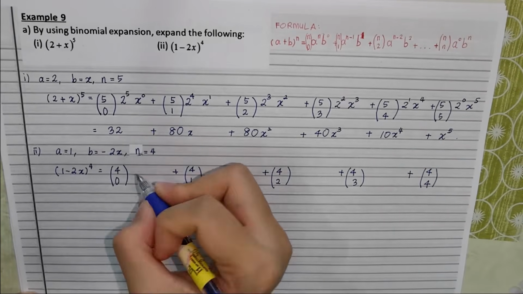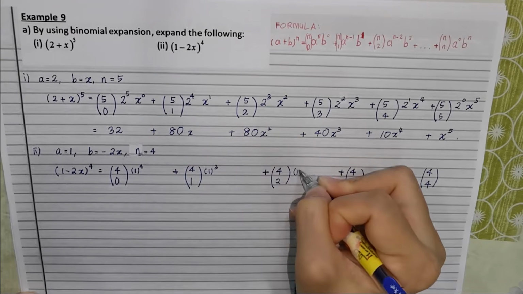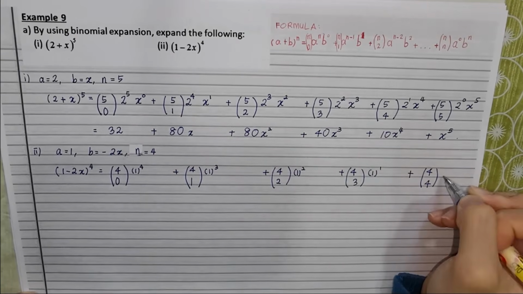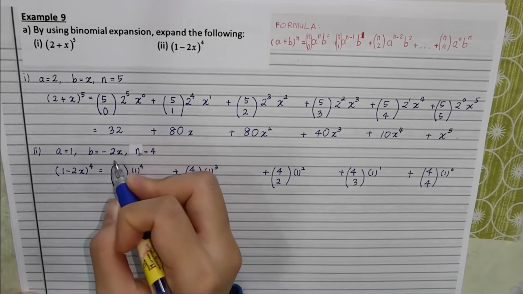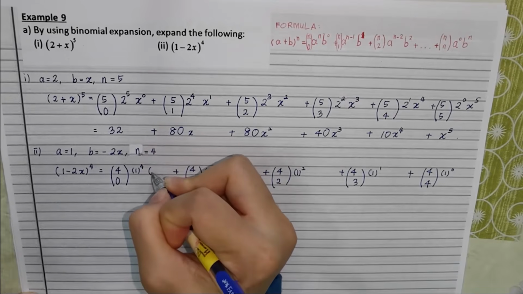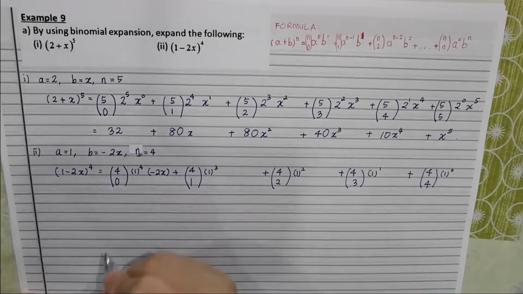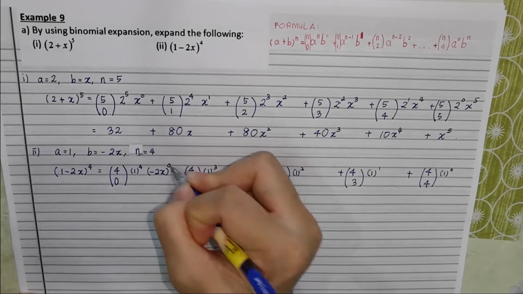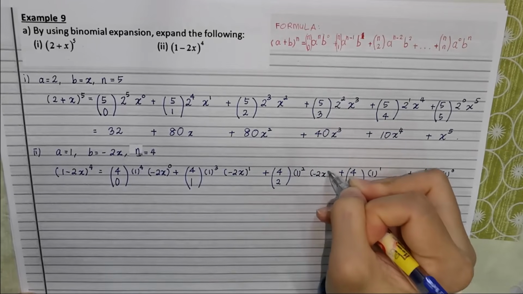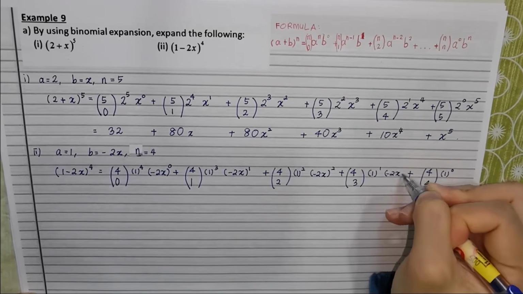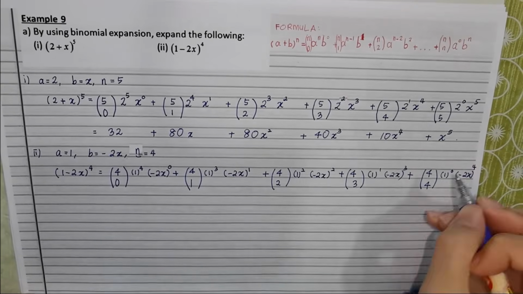For a, which is 1: 1^4, decreasing, 1^3, 1^1, 1^0. For the second term, negative 2x, remember we must be careful here and always put a bracket for the negative sign. Starting with power 0, increasing: (−2x)^2, (−2x)^3, and then the highest power, (−2x)^4.